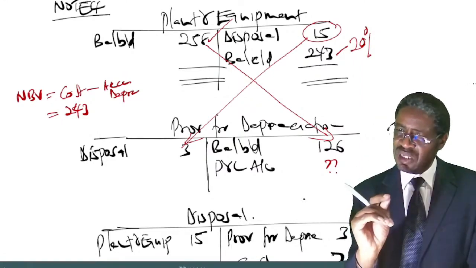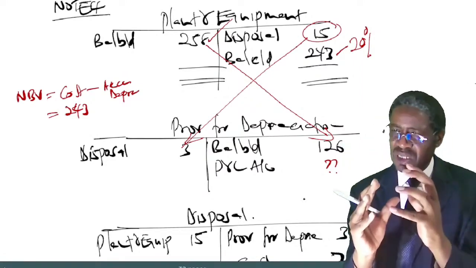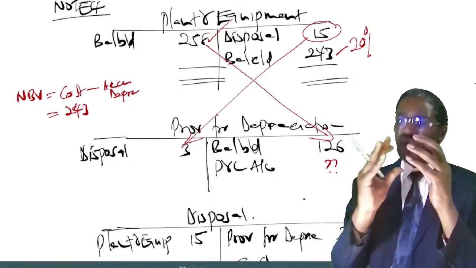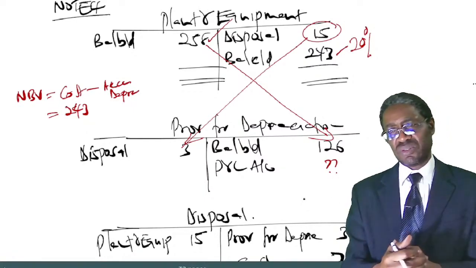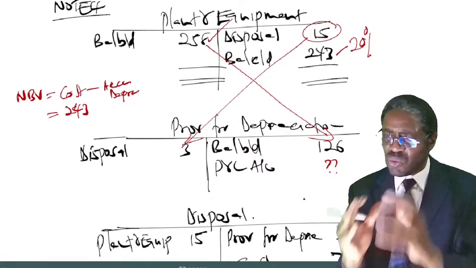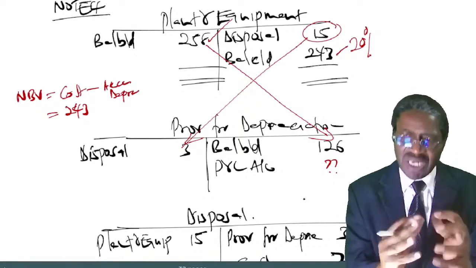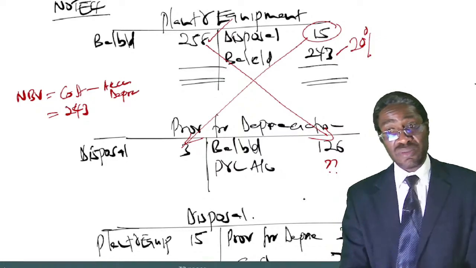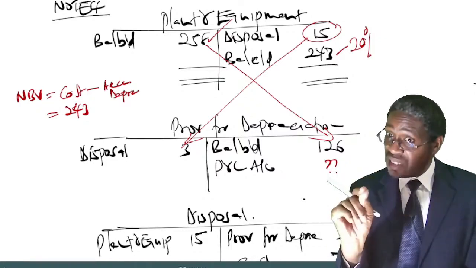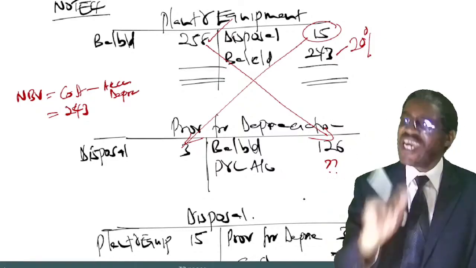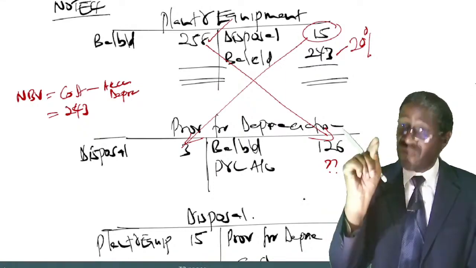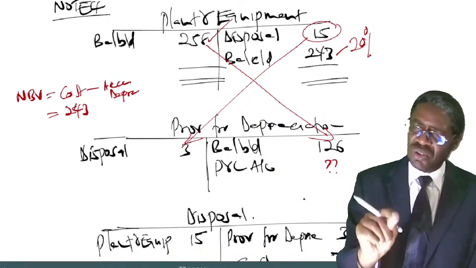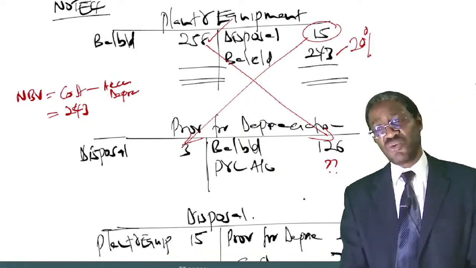It tells me 126 is the depreciation of all of them, including the depreciation of the one sold. But out of that 126, we now know 3 million is for the one sold.